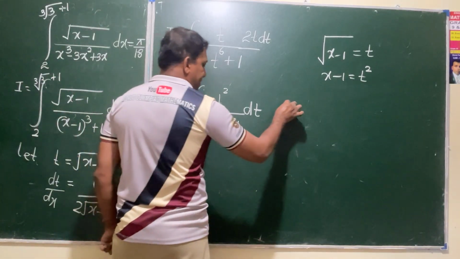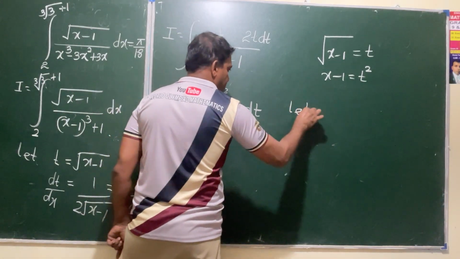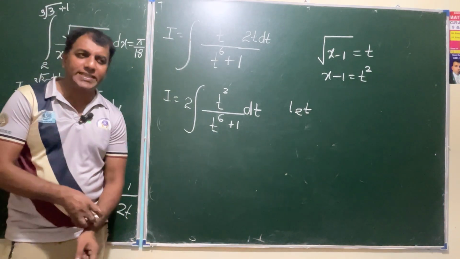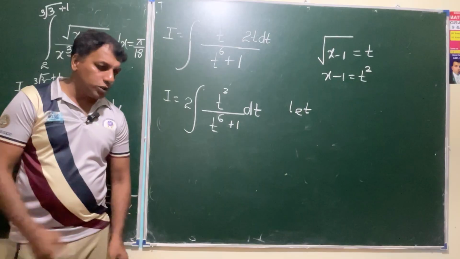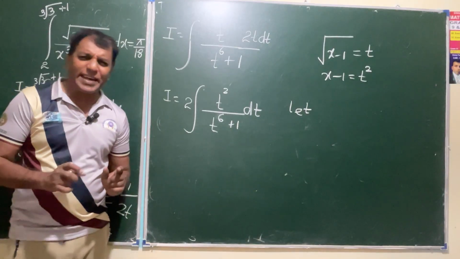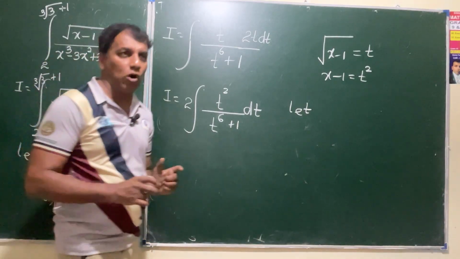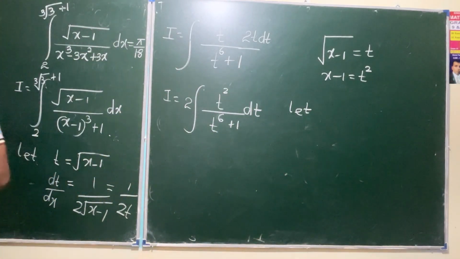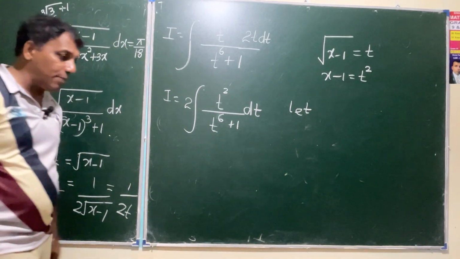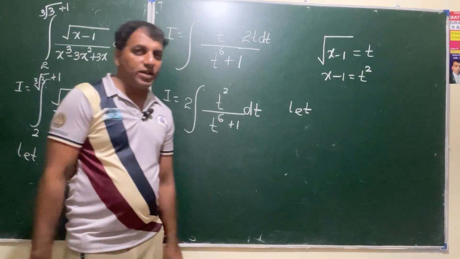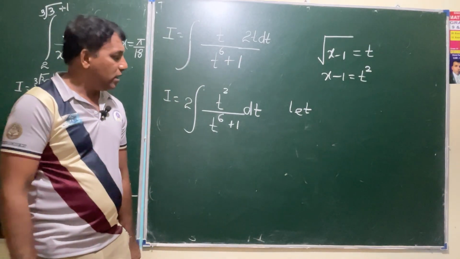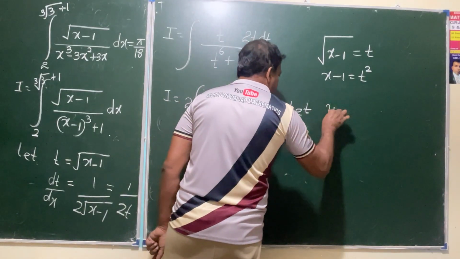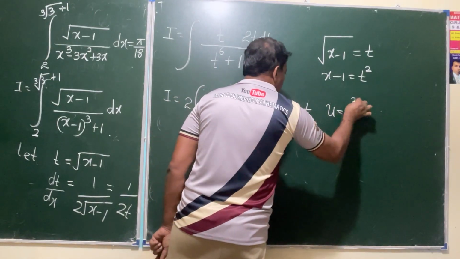For this, can I take t cube as u? Because what is the inverse tan format? It is 1 over a square plus x square, tan inverse of x over a. Therefore, let u equal t cube.